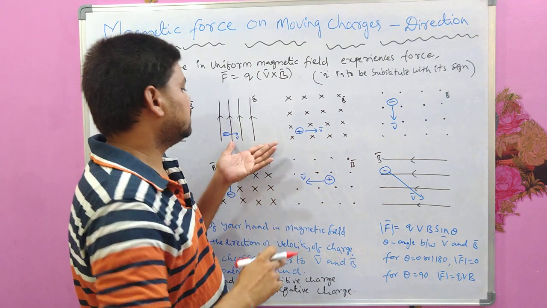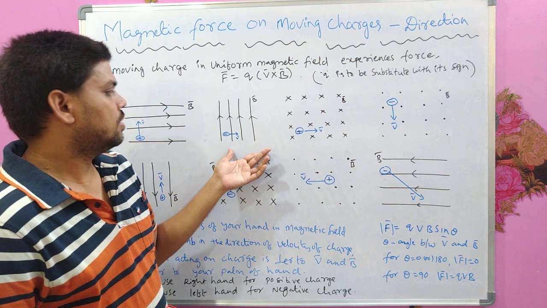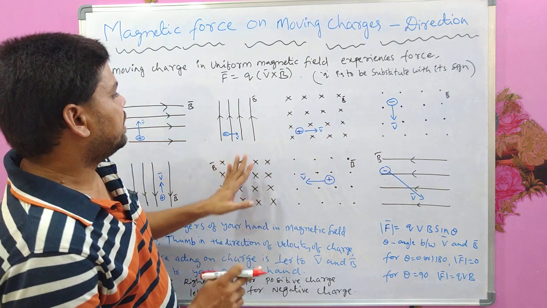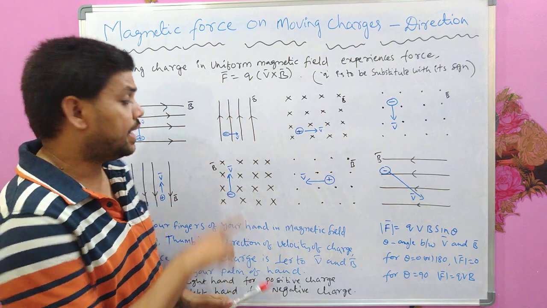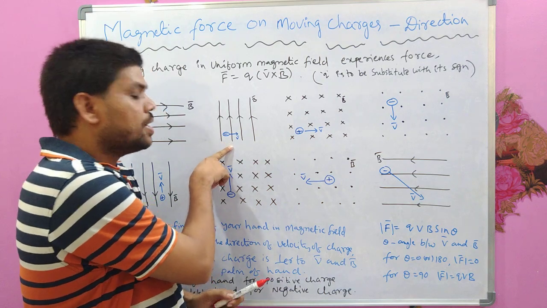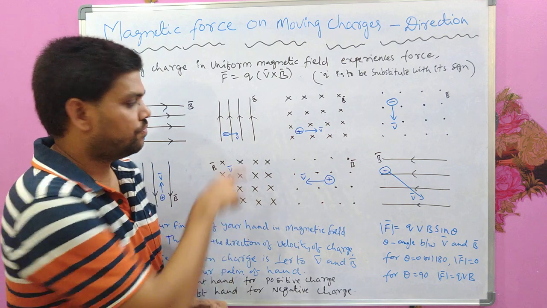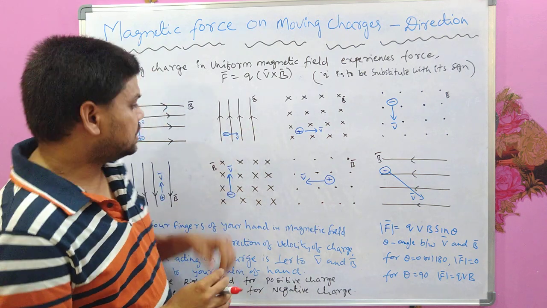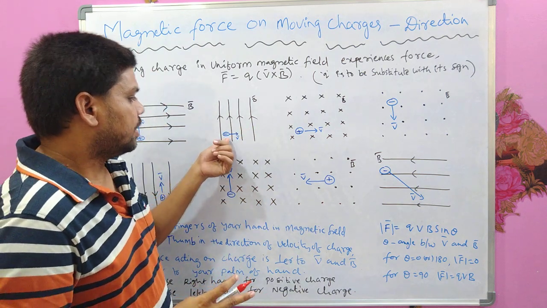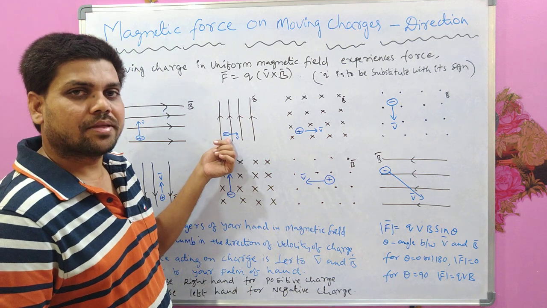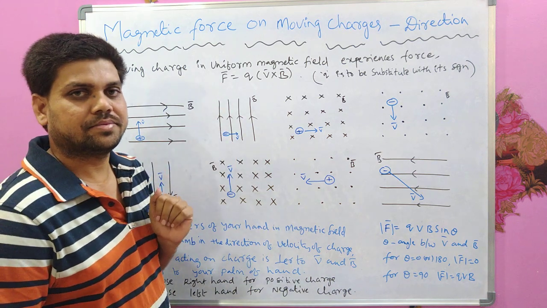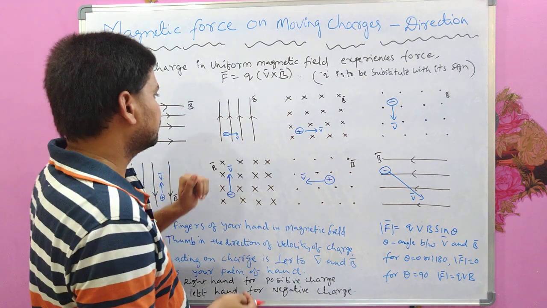So now let us see this example. See, the magnetic field direction is upwards and a negatively charged particle is moving perpendicular to the direction of the magnetic field. Since it is a negatively charged particle, use your left hand. How to use?